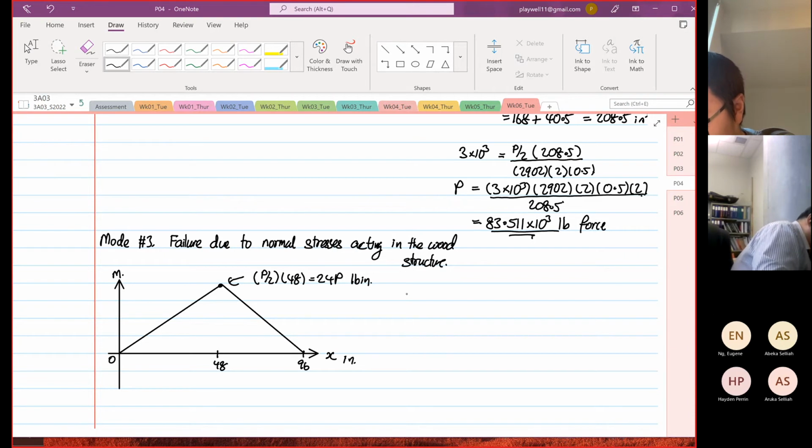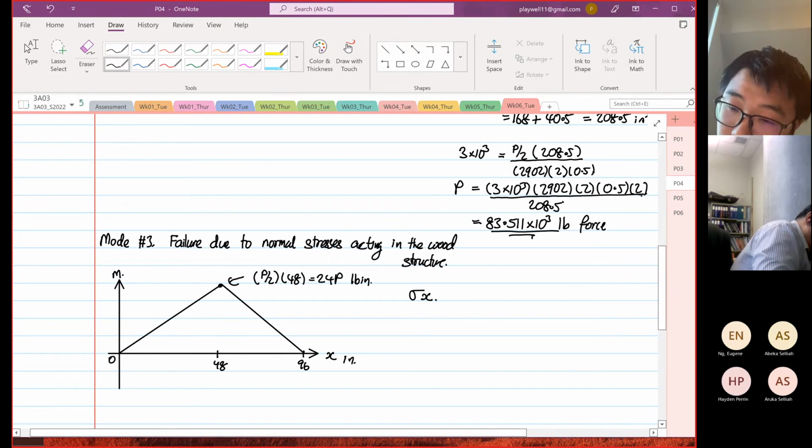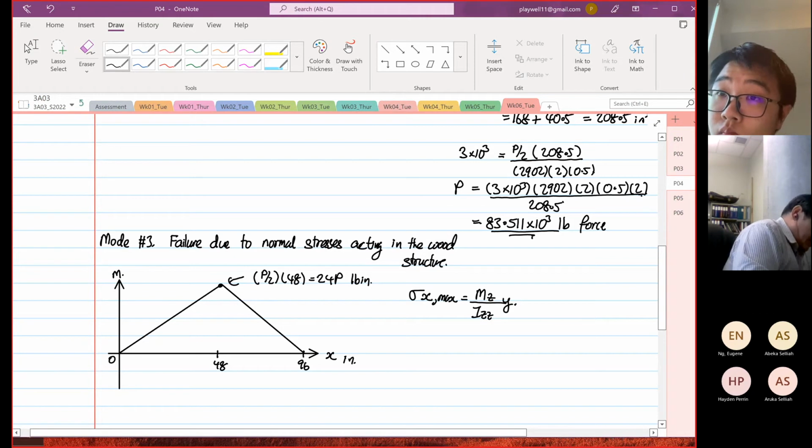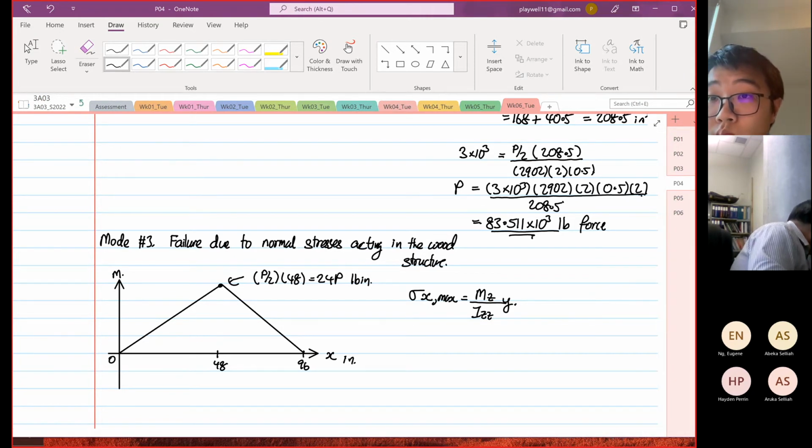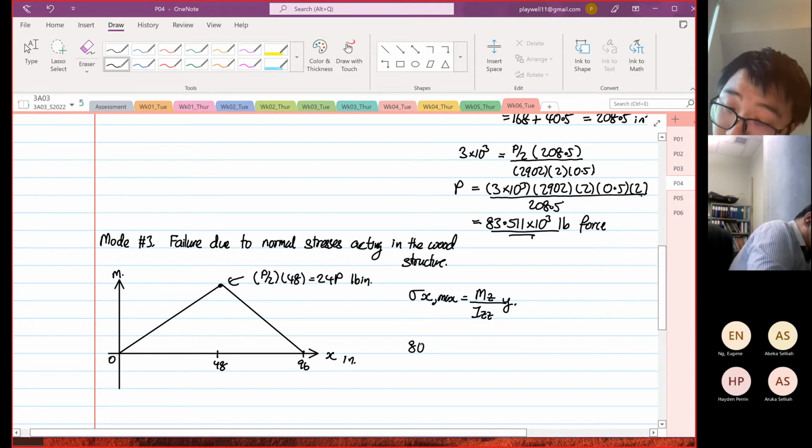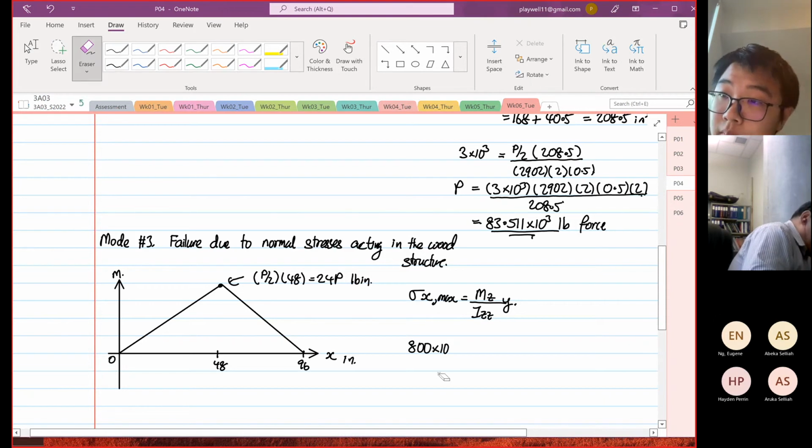So the formula that we're going to apply is stress in the x direction. The maximum is equal to Mz over Izz multiplied by y. Okay, and the maximum normal stress allowable is 8 times 10 to the power 3.